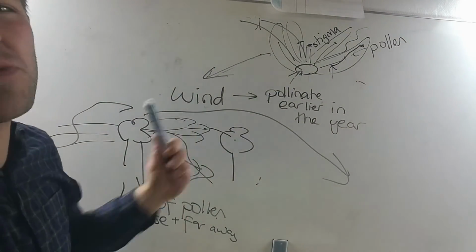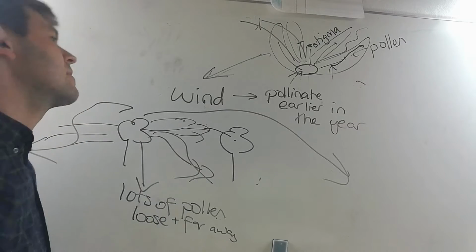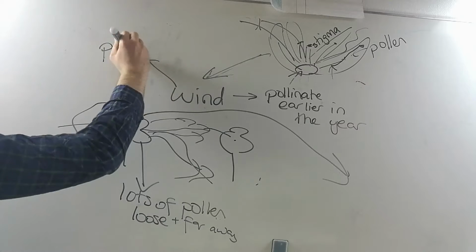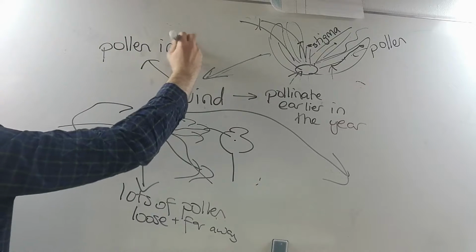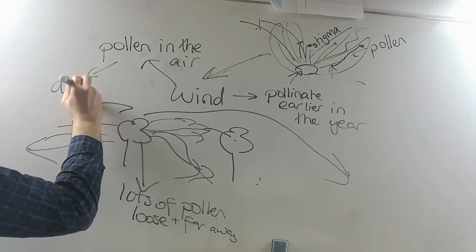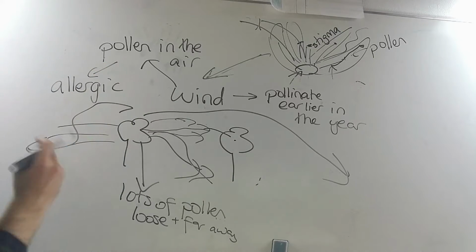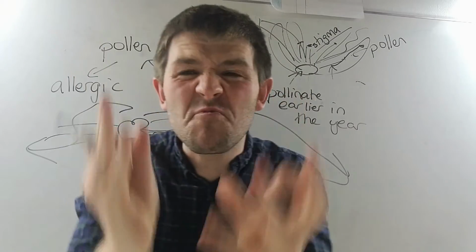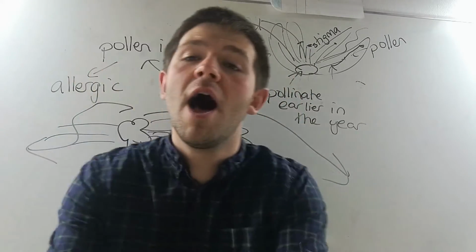Wind pollination has one more problem. And that problem is all of this extra pollen in the air can make some people allergic. They have an allergy to it. It can make their eyes and their nose really red and really sore.